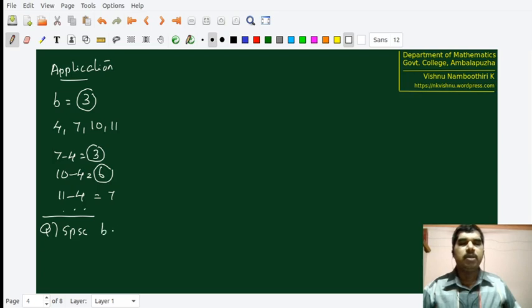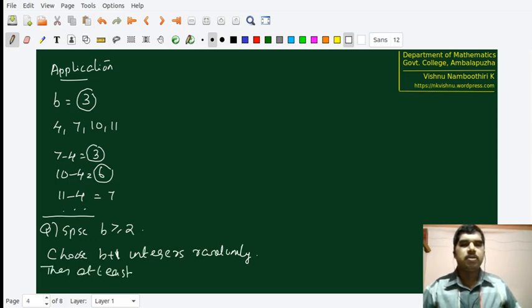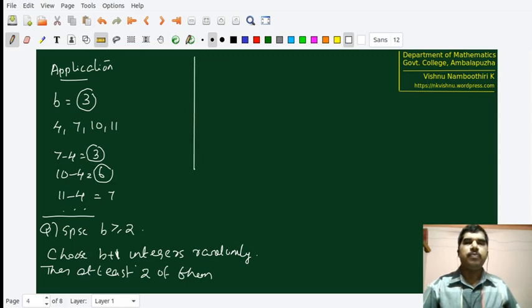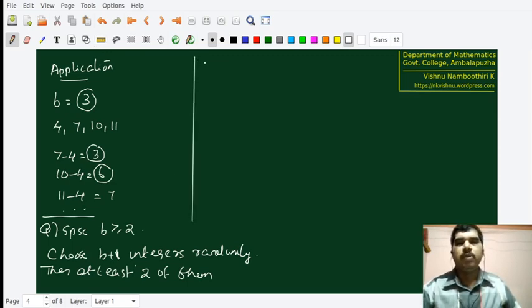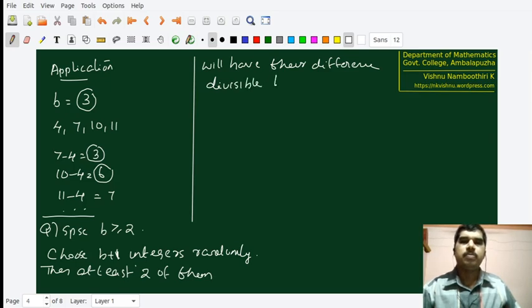Suppose b is a positive integer greater than or equal to 2, choose b plus 1 integers randomly, then at least 2 of them will have their difference divisible by b. This is what we want to prove.